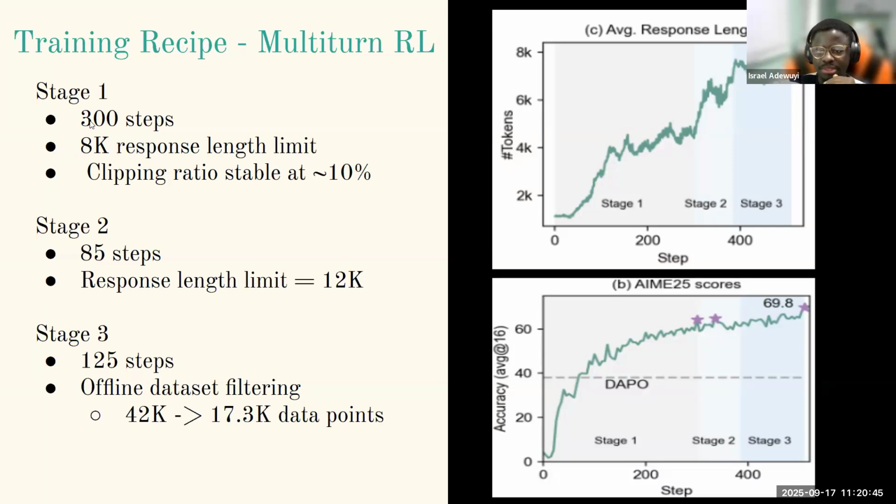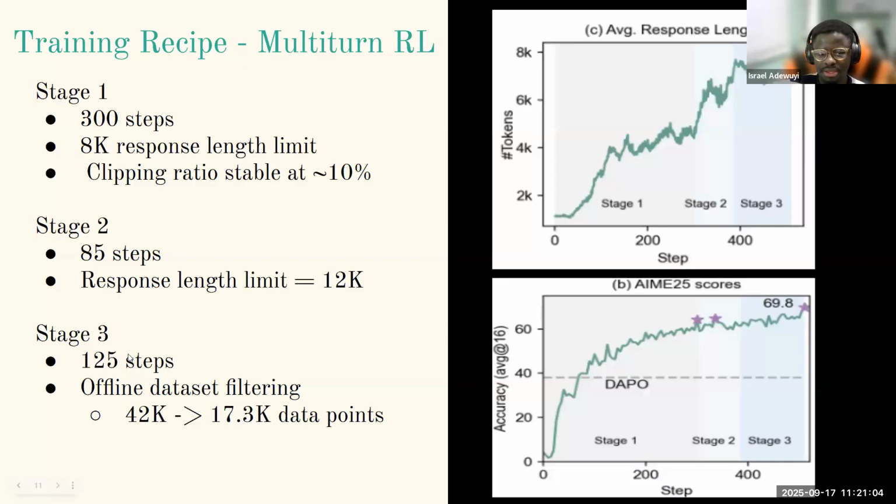After about 300 steps, the reward and the evaluation scores sort of plateaued. Then in stage 2, they increased the response length limit to 12K for another 85,000 steps. And then they observed that the average response length grew to about 6,000.